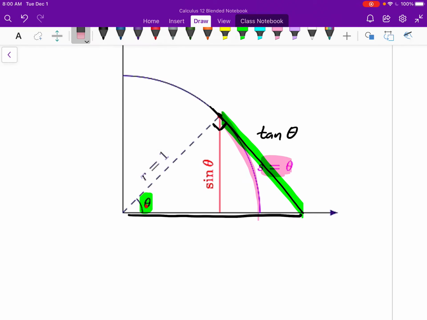That's it. In the end, what really matters is I have 3 lines I want us to now pay attention to. This vertical line, the sine of theta, this sector length, which is just theta, and this tangent line, which is the tangent of theta. So I can just see visually by looking at this that the sine of theta must be the shortest of these 3 lengths. The tan of theta must be the longest, and that sector length must be in between. You can just see that visually. This is sort of a geometric and algebraic proof.